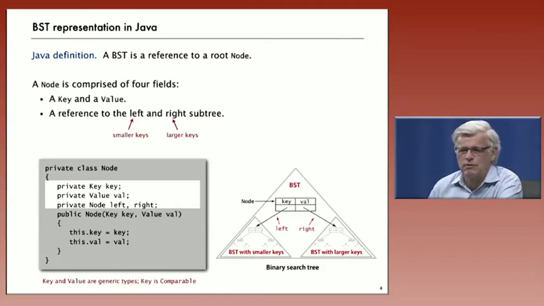For convenience, we'll provide a constructor that takes a key and value as arguments and fills in the key and value instance variables. And then the left and right links are initialized to null. Our data structure then will be a root that points to a node in the tree, and that node will point to subtrees, and that'll be the data structure that we use for symbol tables.